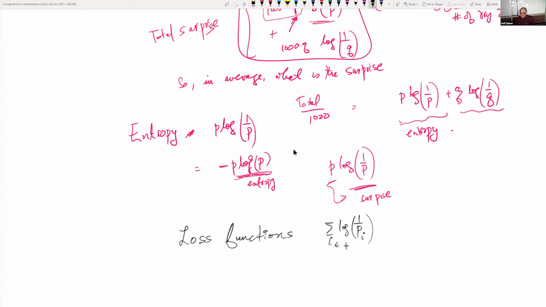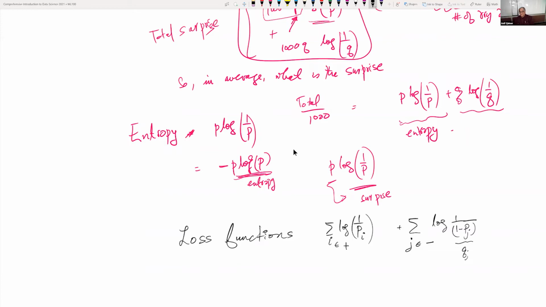And you would also add up all the surprise belonging to the negative case, isn't it? For the negative cases, log 1 over, well, what is the probability of it not being a cow? Would you agree that this is the probability of the negative case, right?